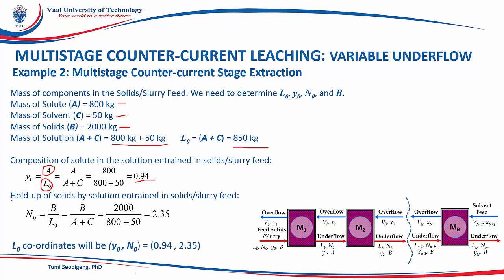Then the holdup of solids by the solution entrained in the slurry can be calculated by using the mass of solids, which is given as 2000 kilogram per hour, divided by the mass of solution, which is given by the solvent C plus solute A, which we can calculate to be 2.35. This gives us the coordinates for L0, which basically are y0 and N0, which we can now position on our operating diagram.